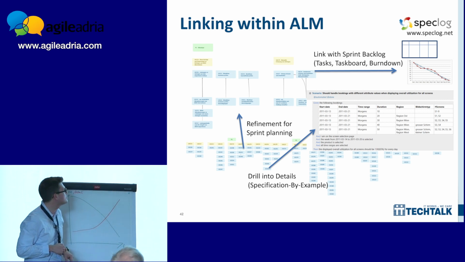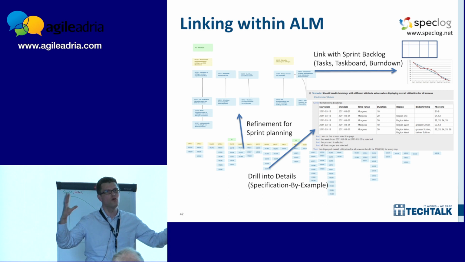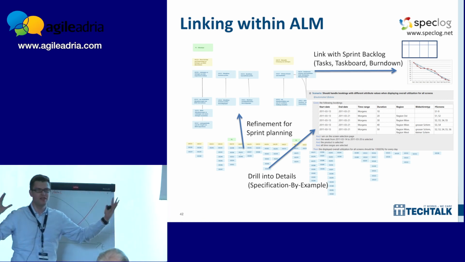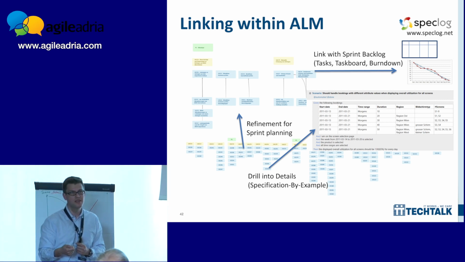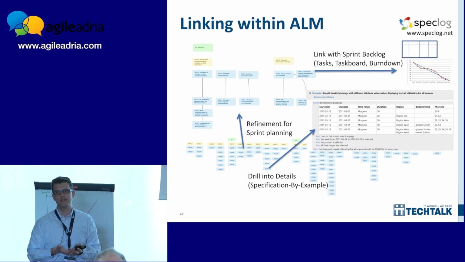But what we also do is, if you drill into the details of this map, we have the automation bound here. So we can have the map as an overview of our scenarios to see what the system does on a higher level. And then we can drill into the details and see the automated tests, which are basically telling us in a business readable description what our system is doing in a certain detail aspect.